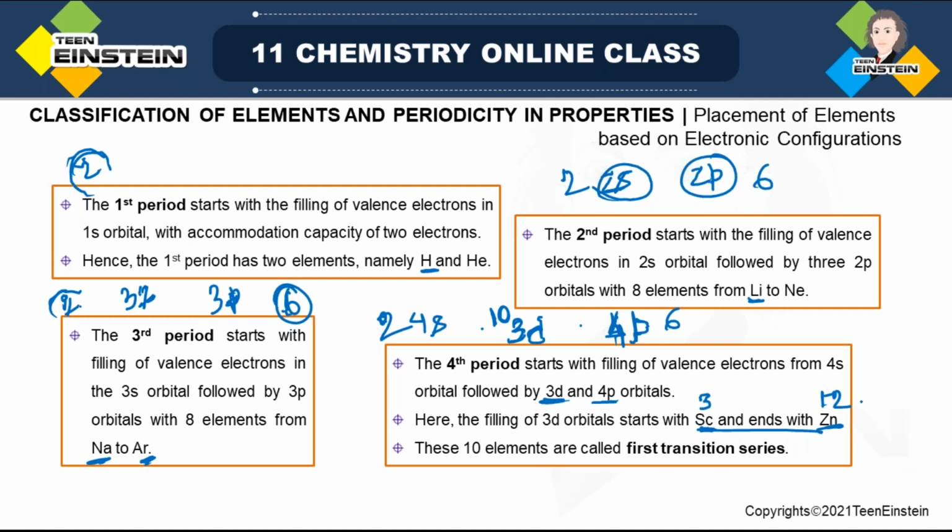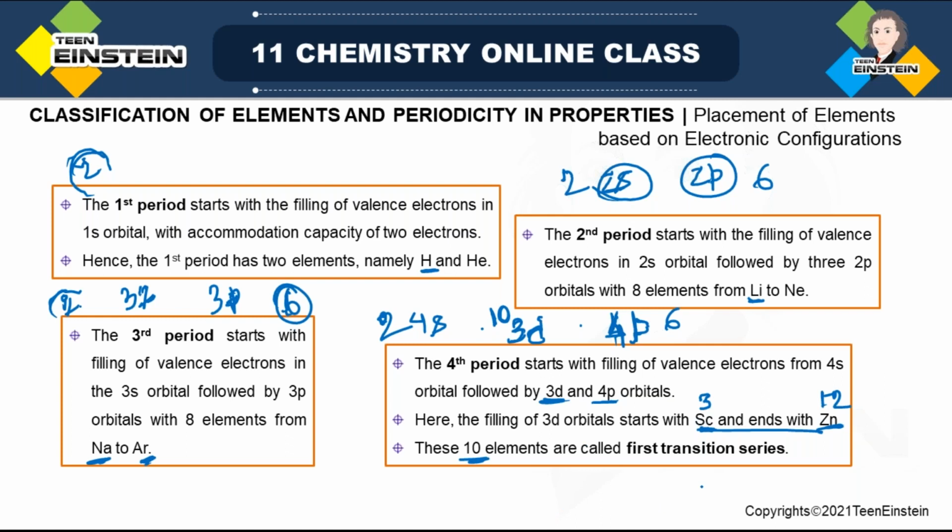It is 13, and then up to 18. After 4s, this is something new, because in the first, second and third periods you have not seen this. In the fourth period we are seeing for the first time that the 3d orbital is filled. Now 2, 10, 6: 2 plus 6 is 8, and then again 10 you have to add. So a total of 18 elements can be present in the fourth period.